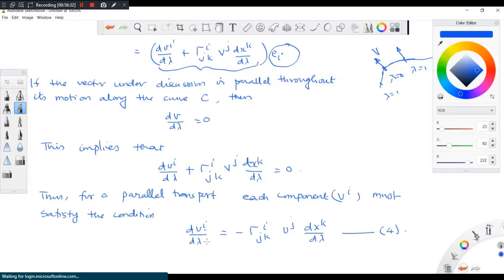When you transport a vector from one point to another, there is no change in the components, which means when you calculate these two quantities and take the sum, you should get 0. If you are not getting 0, it indicates you are not in a flat space; from the intrinsic property itself you can say you are in a curved space.